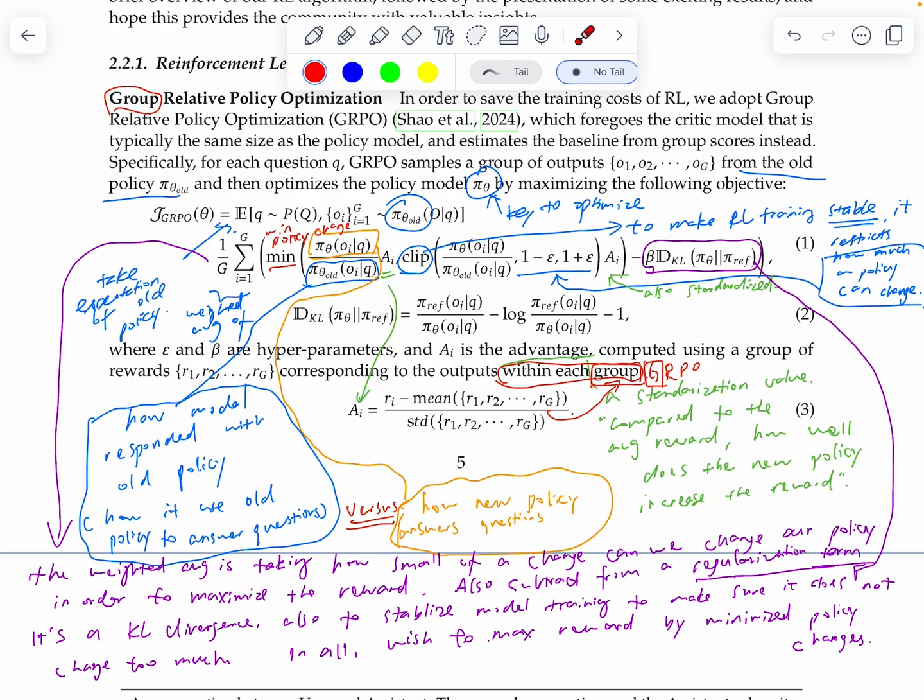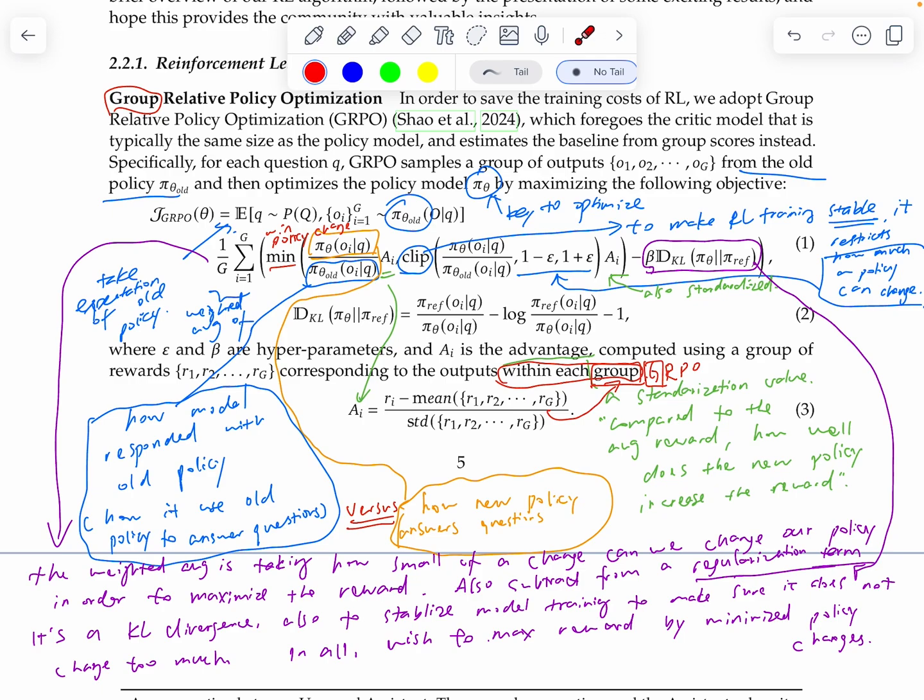The denominator, pi theta old, says how the model responded with the old policy, how it uses the old policy to answer the questions. Correspondingly, the numerator is how the new policy answers the questions, right?